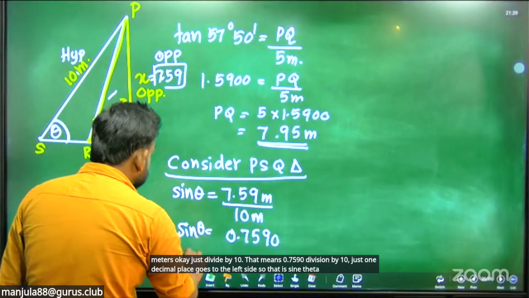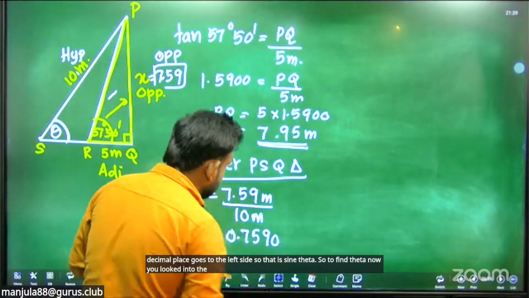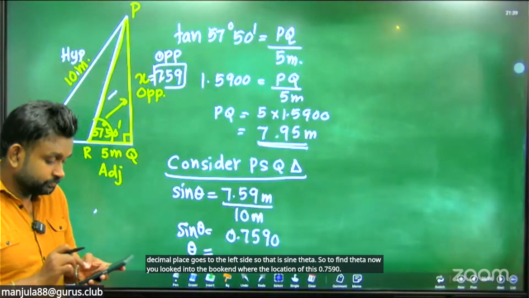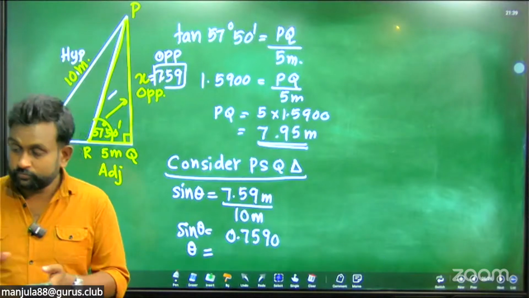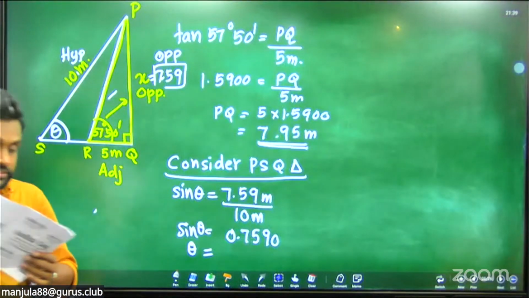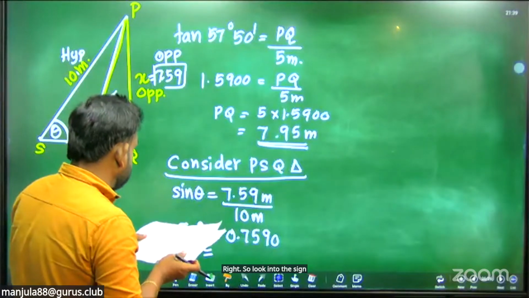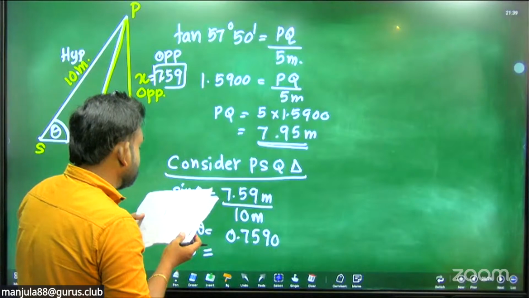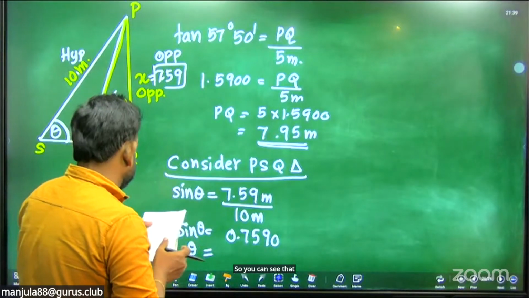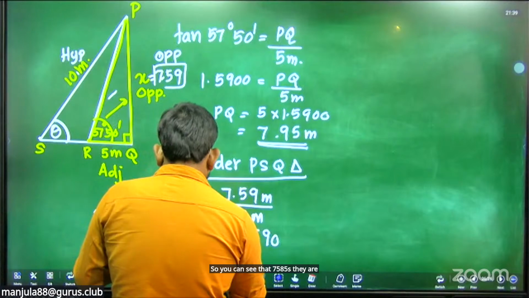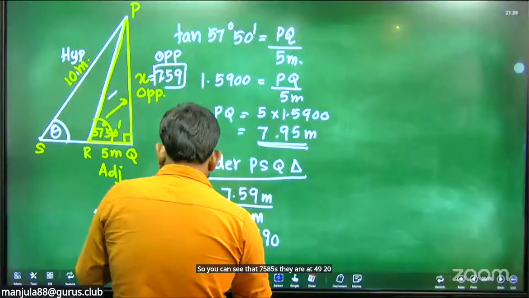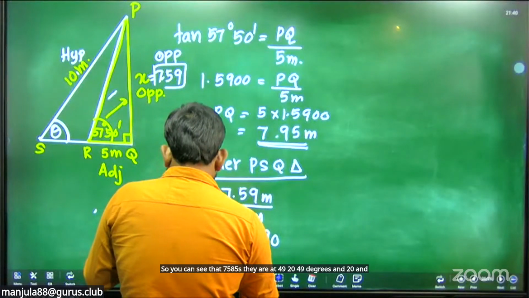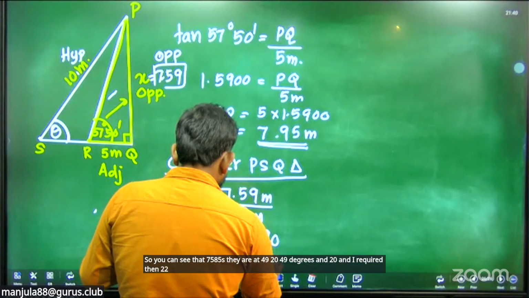To find theta, now look into the book for the location of this 0.759. Look into the sine values. You can see that 0.7585 is there at 49 degrees 20 minutes, and 5 more is required, so 22 minutes.